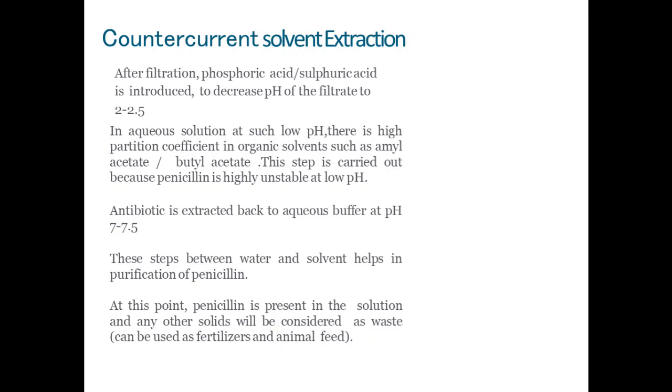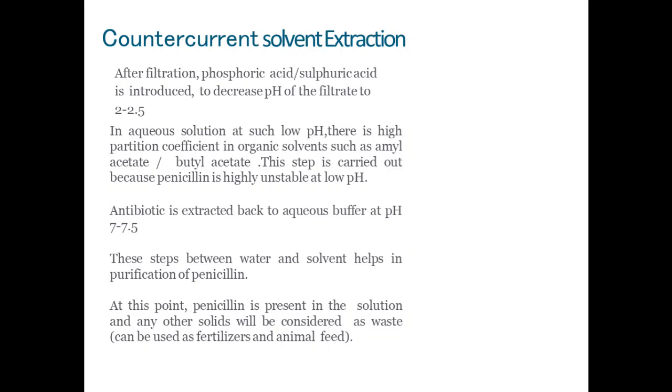In counter-current solvent extraction, after the filtration, that is separation of the solid mycelium from the fermentation medium, the filtrate is left out, and to this filtrate phosphoric acid or sulfuric acid is added to decrease the pH to about 2 to 2.5. At such low pH, there is a high partition coefficient in organic solvents such as amyl acetate or butyl acetate.